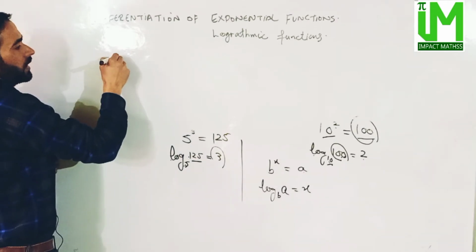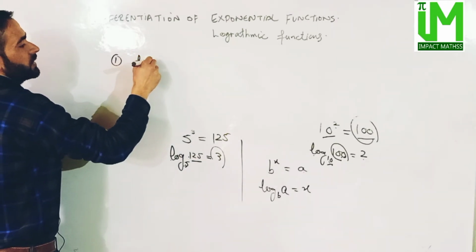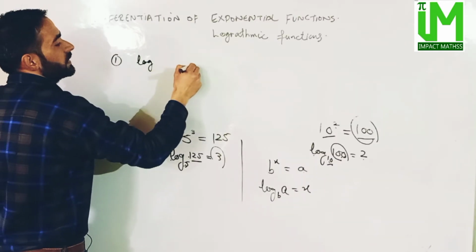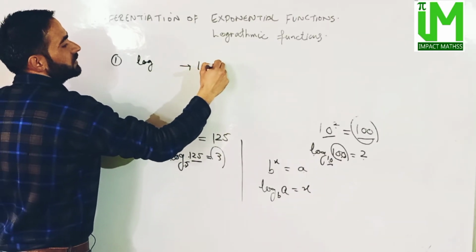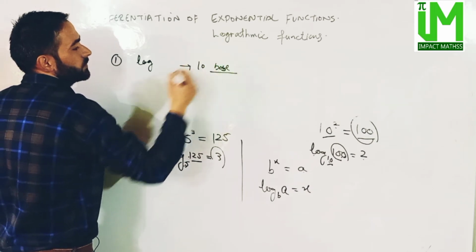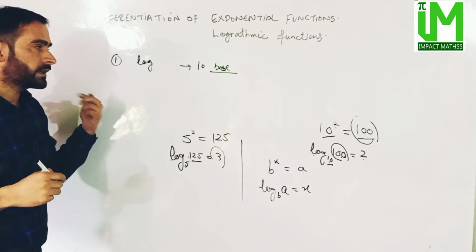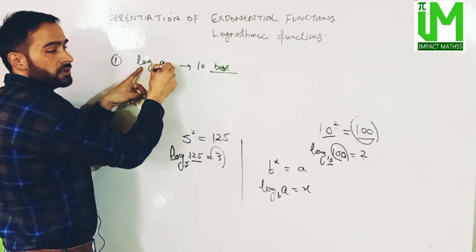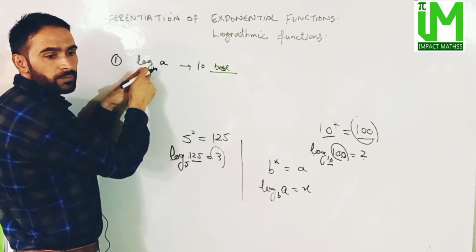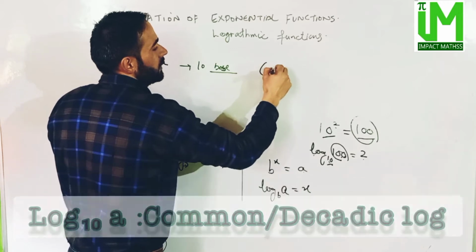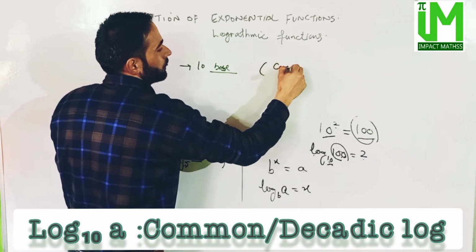When we are computing logs, if we take 10 as the base, then the log to the base 10, say log of a to the base 10, will be called the common log.